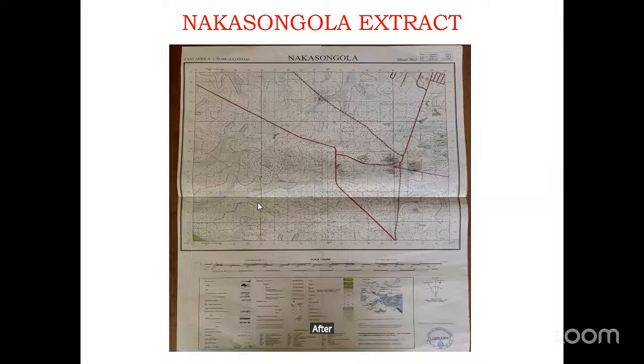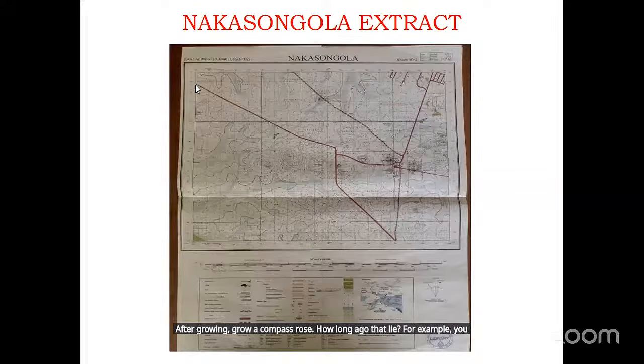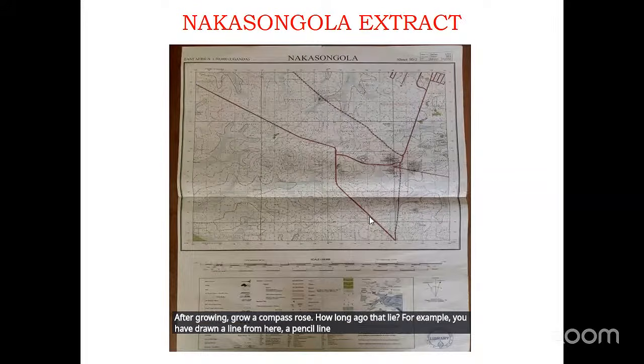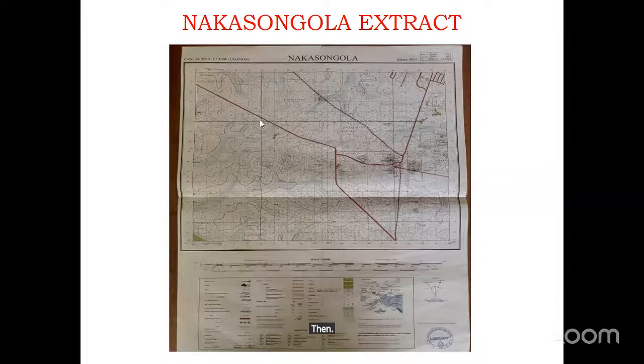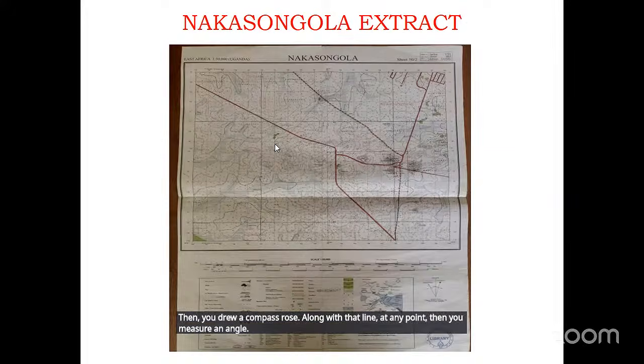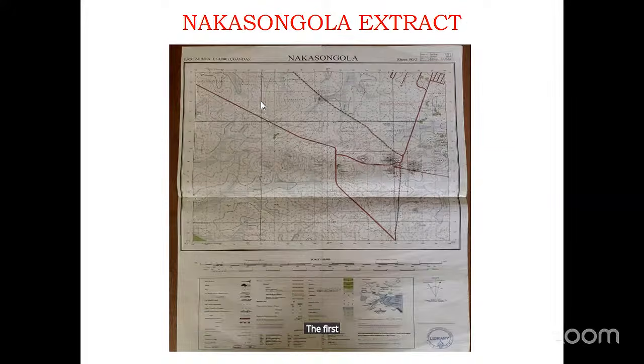After drawing, draw a compass rose along that line at any point. Then you measure an angle, the first angle to the line clockwise, then the second angle to the line clockwise. It is stated in degrees.